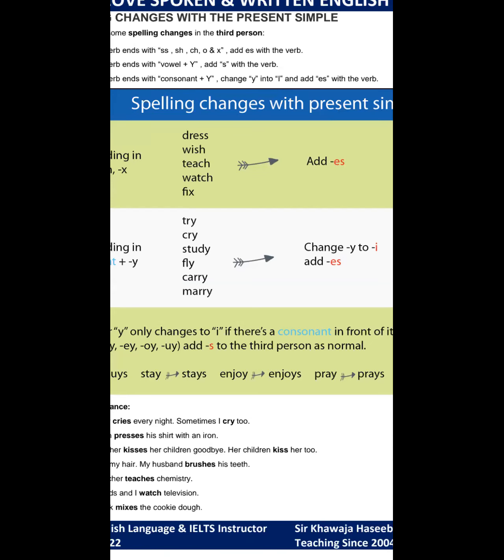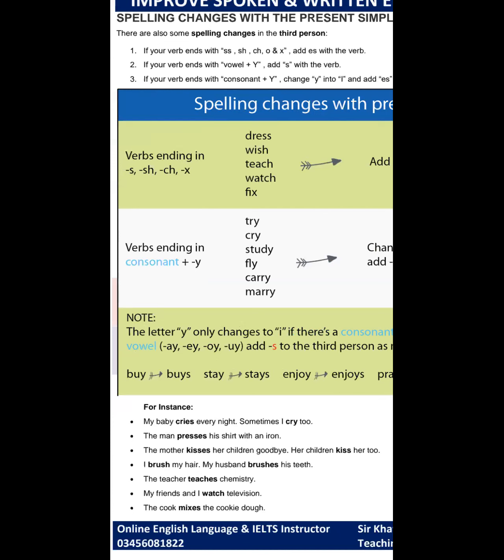Okay. These are the spelling rules you need to know. Usually we add S, but in some cases, depending on S, SH, CH, or X, whenever the verbs end in them, we add ES. With a consonant plus Y, we remove the Y and put IES. These are the basic rules you need to know.